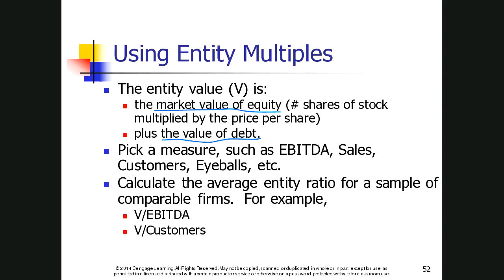So you can pick entity value divided by EBITDA, entity value divided by number of customers, for example, and then you calculate these ratios for a small sample of comparable firms, 4 or 5 maybe, and then use that average to calculate this particular firm's entity value. Okay.